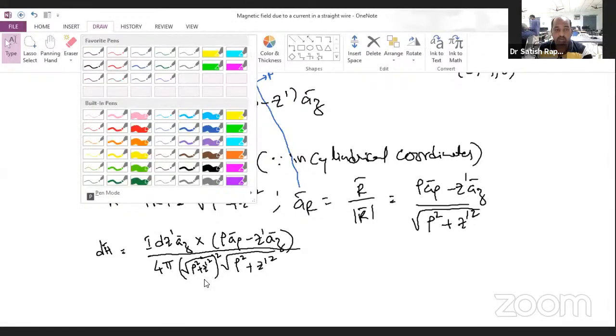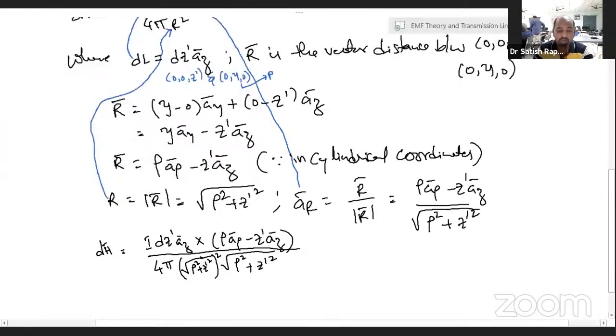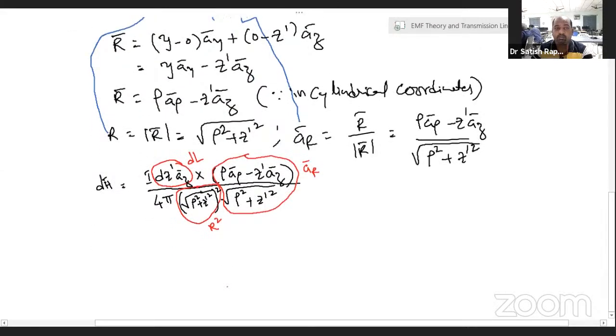So let me make it clear to you. This is dz dash az bar, which is dl, this term is ar bar, and this term is r square. I hope it is clear to you.